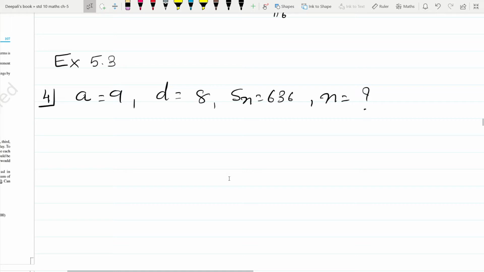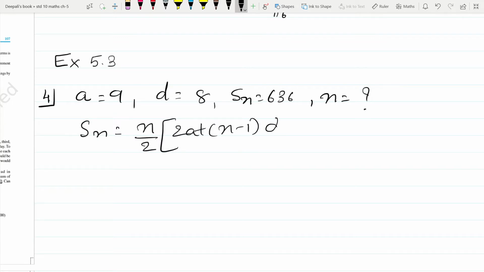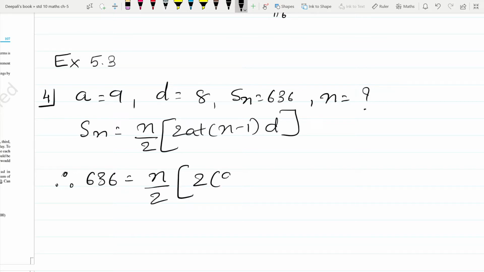Now we know the formula Sn is equal to N upon 2 into 2A plus N minus 1 into D. Replacing the values in the equation, we get 636 is equal to N upon 2 into 2 into 9 plus N minus 1 into 8.